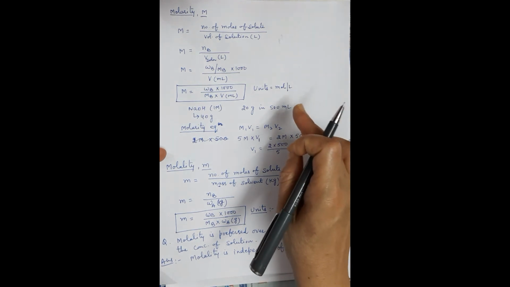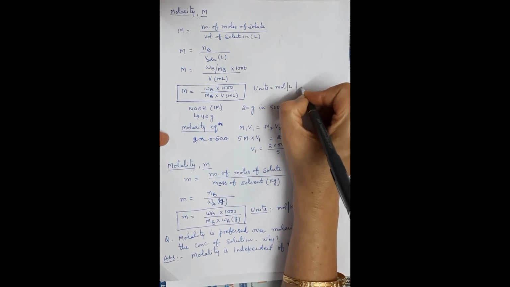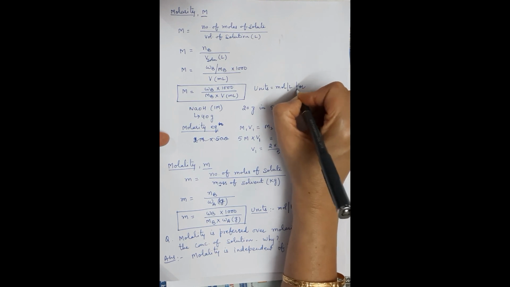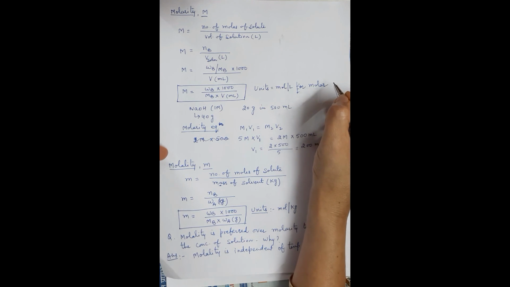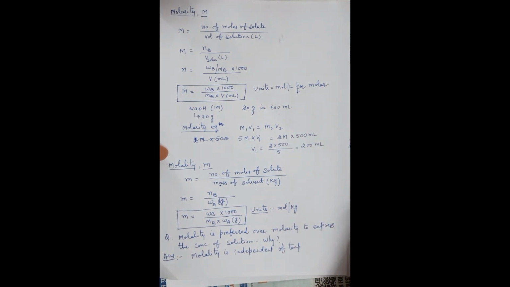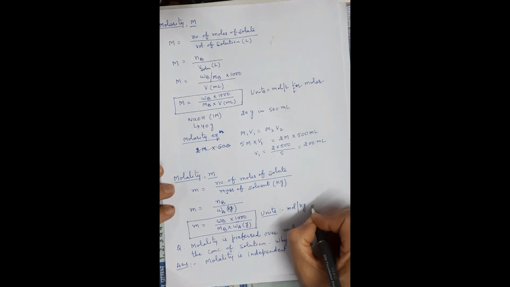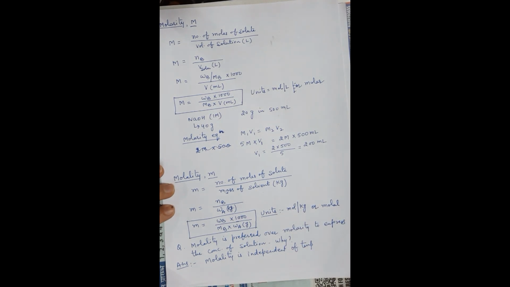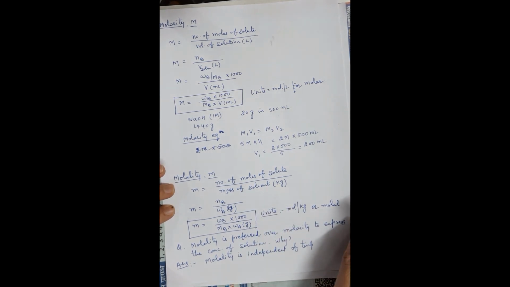Its unit is mole per liter. It can also be written as molar. 5 molar means 5 moles are dissolved in 1 liter of solution. Another term is molality, whose unit can also be written as molal. If I say 2 molal solution, means 2 moles are dissolved in 1 kg of solvent.